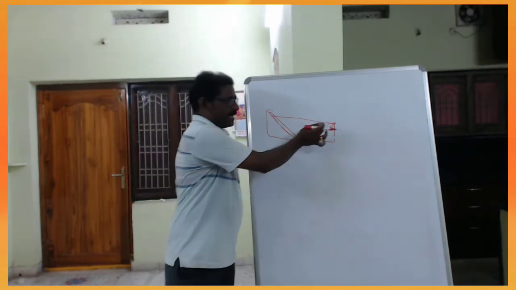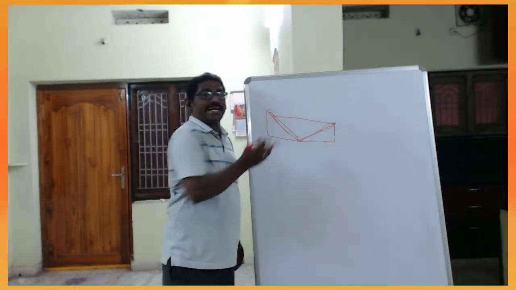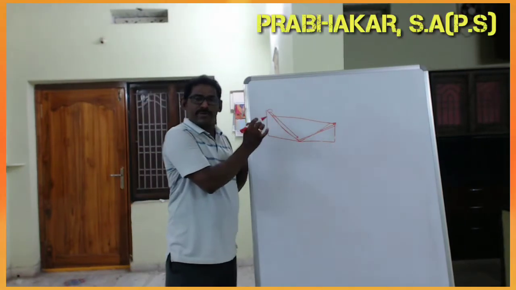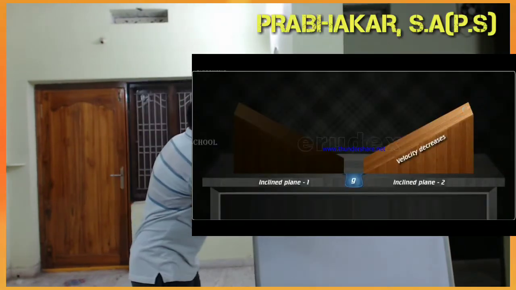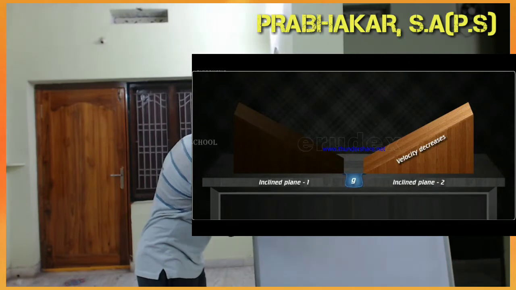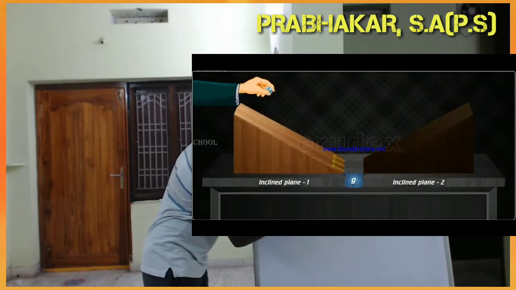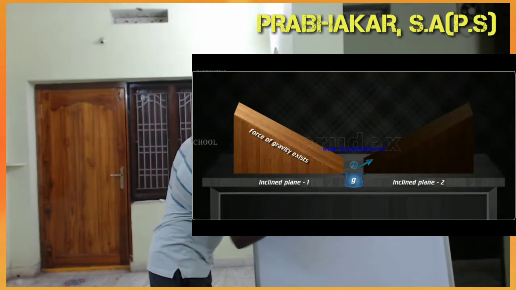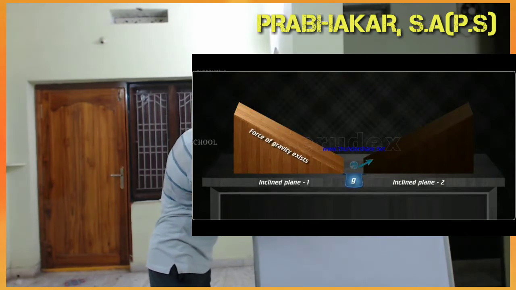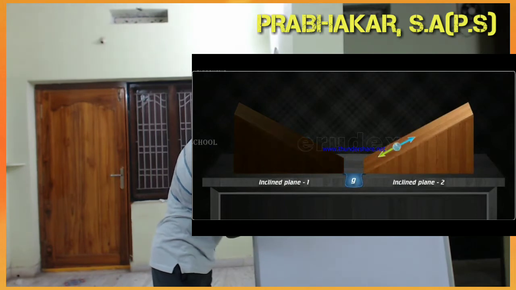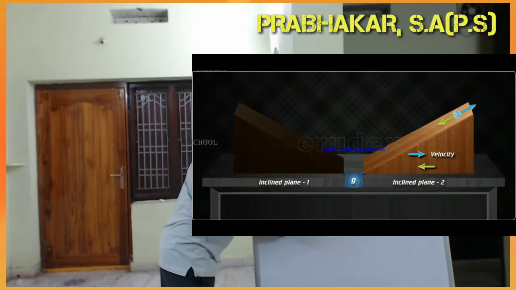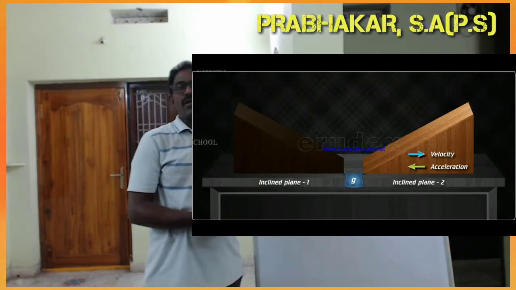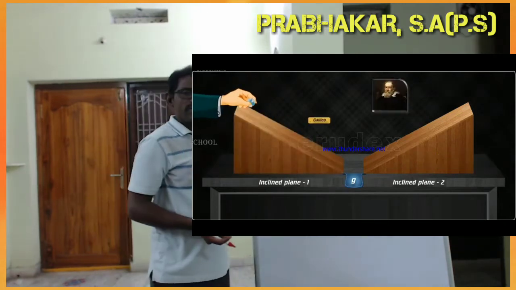After that, he reduced the slope of the second inclined plane and released the marble from the same initial height. So in the second case, this is the slope which is reduced. The marble travels a longer distance compared to the first one to reach the initial height on the second plane.